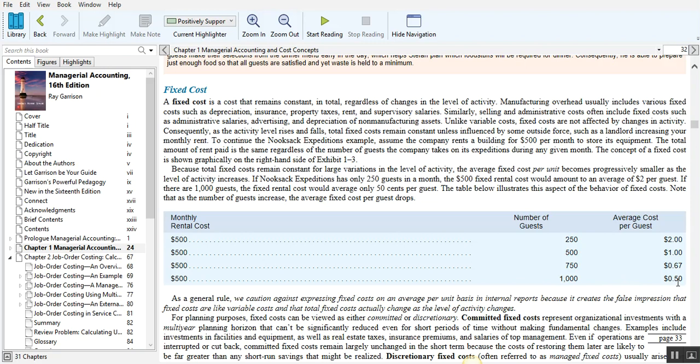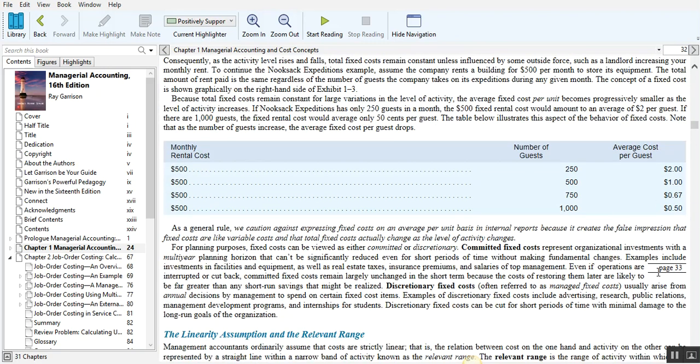So if you increase the number of sales that you have, or the number of guests coming through a particular place, your fixed cost per guest will drop. And that's simply what that is. The more guests you have, the more overhead they're picking up or actually supporting. So in other words, this overhead cost per guest will drop.